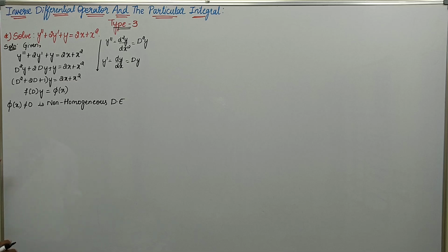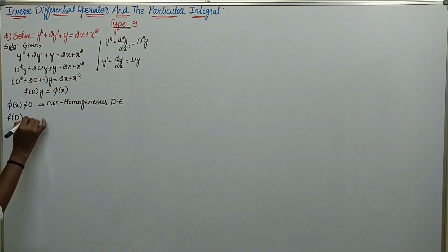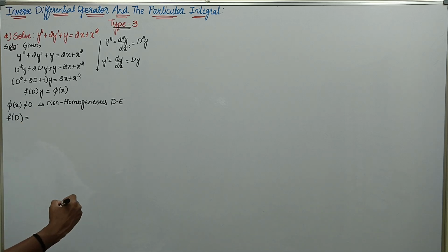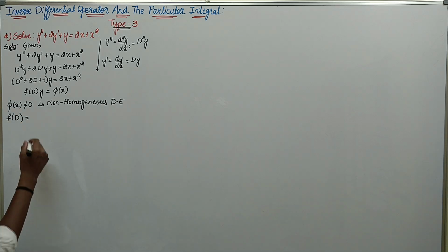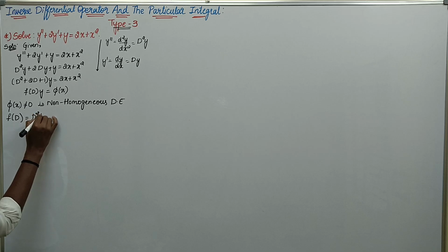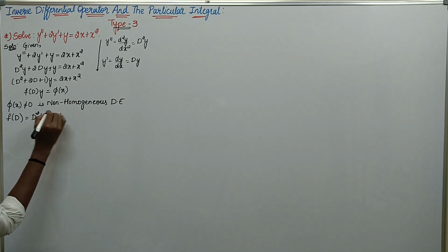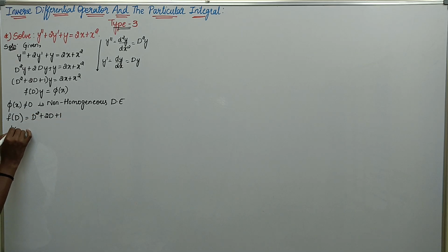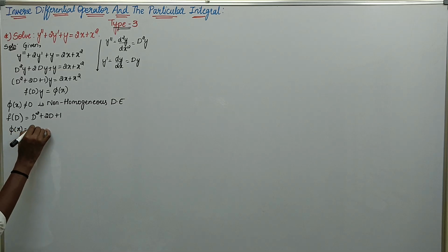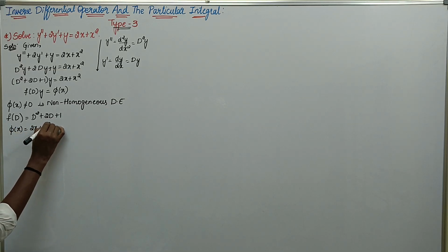Now, after representing this, we are going to define f of D. Each and everything you need to define so that while understanding and representing, you will get full marks. f of D is D square plus 2D plus 1 and phi of x is equal to 2x plus x square.